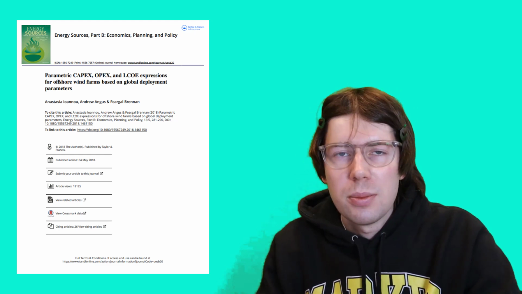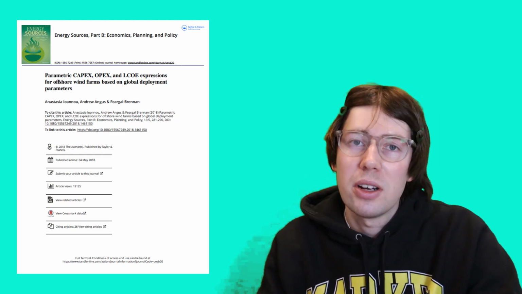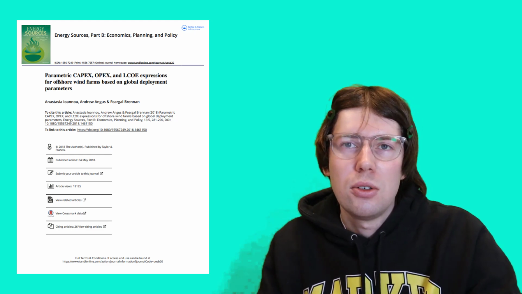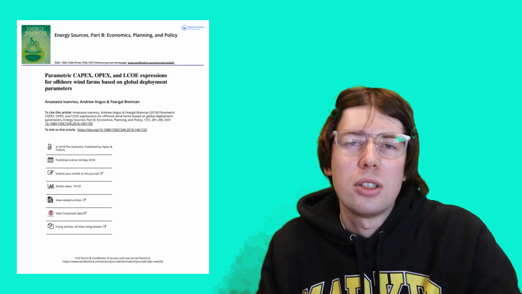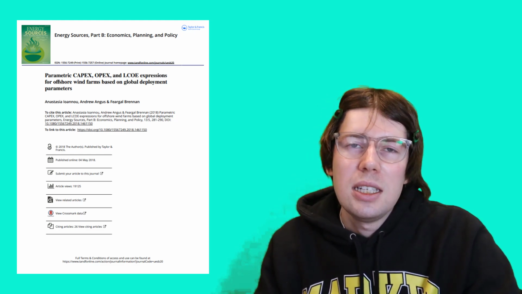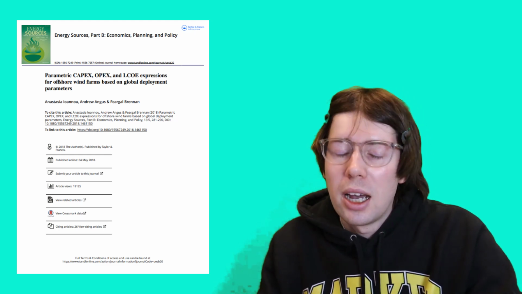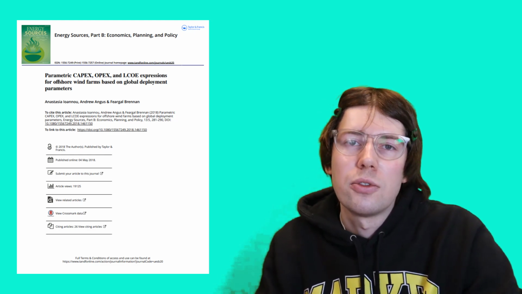In parametric cost estimation, you can use statistical techniques such as regression analysis. You put the capital expenditure of a particular project on the left-hand side of the equation, and then you have a bunch of different cost drivers on the right-hand side of the equation. And based on that, you can see what empirical effect a 1 unit increase in some kind of cost driver has on the capital expenditure of the project.